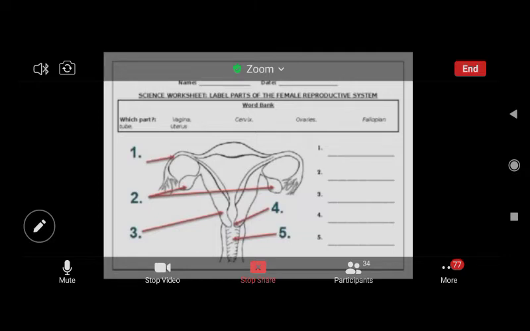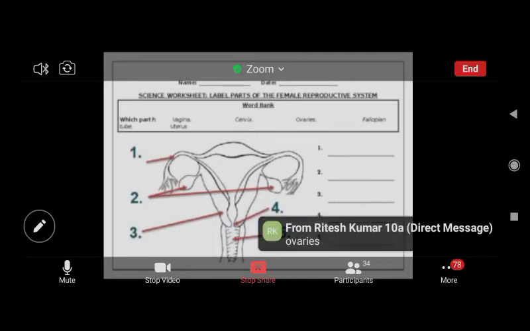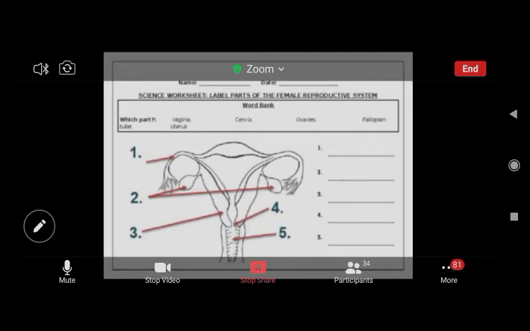Don't jump. Just now I have said don't jump. Correct, ovaries. No, Diksha, you are making one mistake. Vaishnavi is also making one mistake. The labeling is on both the ovaries, so it will be ovaries, not ovary. Be careful.